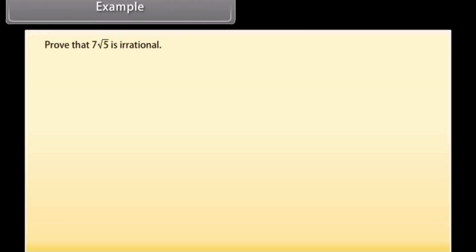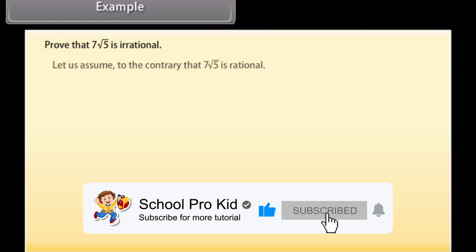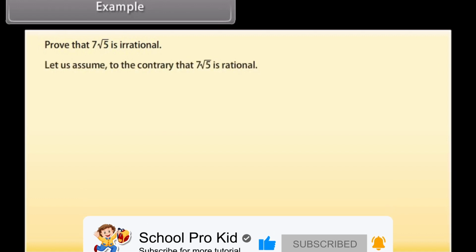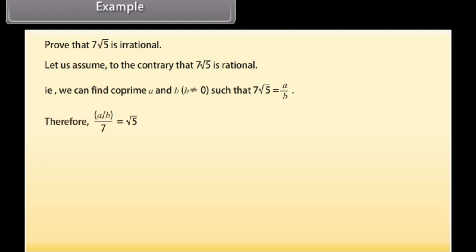Example. Prove that 7 square root 5 is irrational. Let us assume to the contrary that 7 square root 5 is rational. That is, we can find coprime a and b, where b is not equal to 0, such that 7 square root 5 is equal to a upon b. Therefore, a upon b upon 7 is equal to square root 5, or square root 5 is equal to a upon 7b.